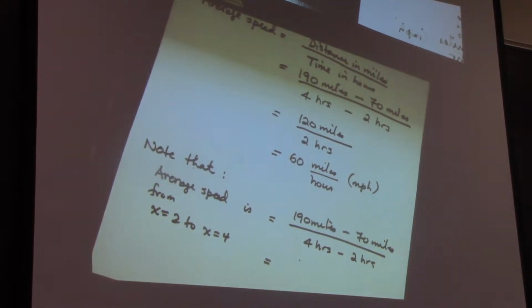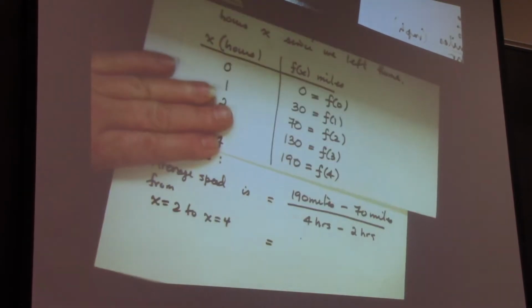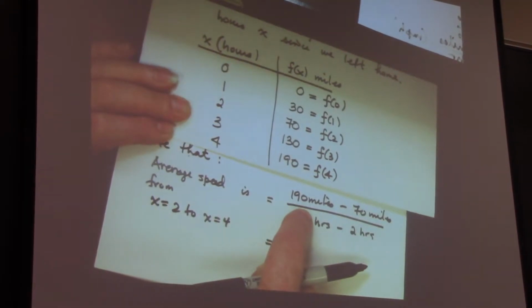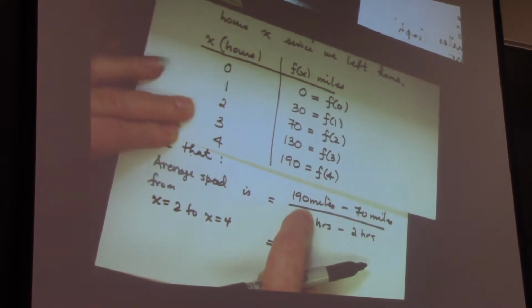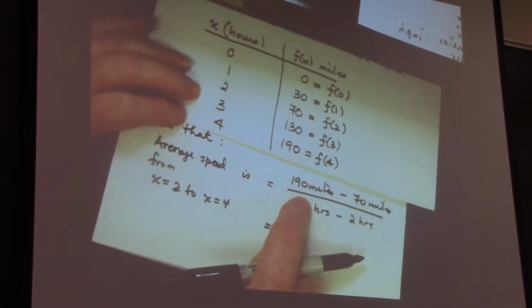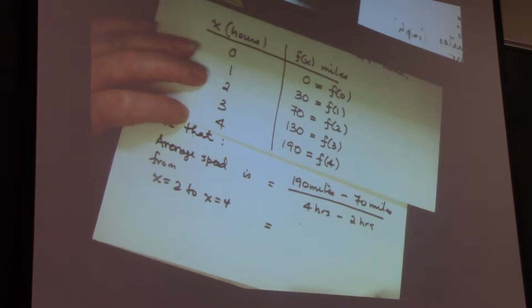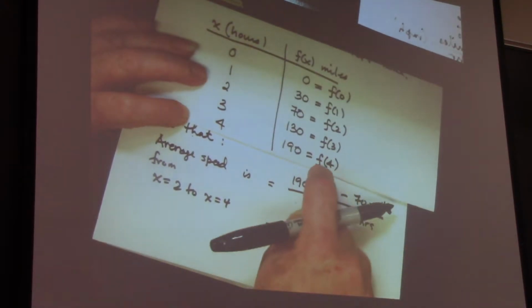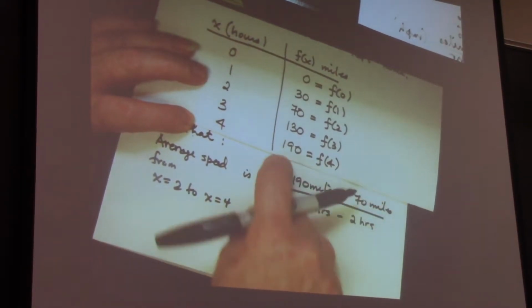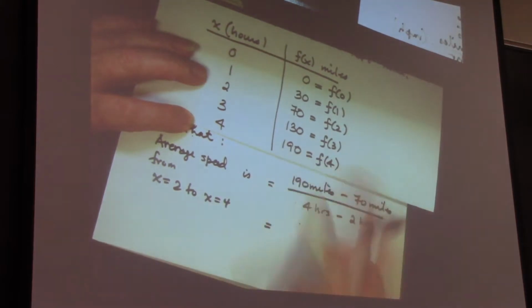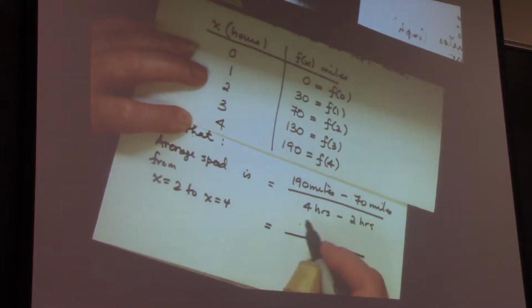Okay, now I want to write these using the 190 and the 70 as function values, y values. So 190 miles is what? How could I write that as a function of something? That's f of 4, right? 190 miles is f of 4.